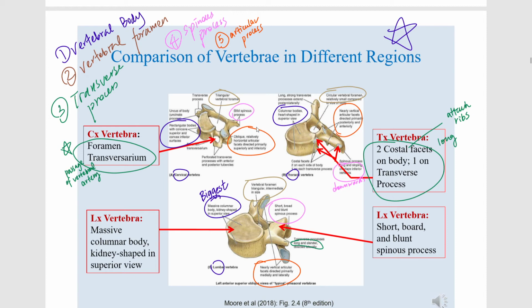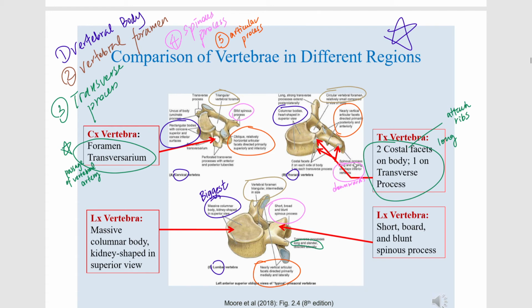The fourth point is the spinous process. Here I circled it in pink. The spinous process in the cervical region is a bifid spinous process. Bifid means there are two heads, two minor heads, as you can see in the spinous process of the cervical region. For the thoracic region, the spinous process is sloping and overlaps the inferior vertebra.